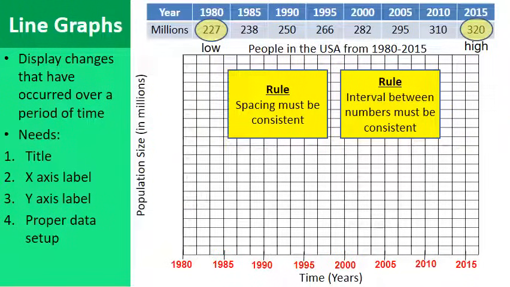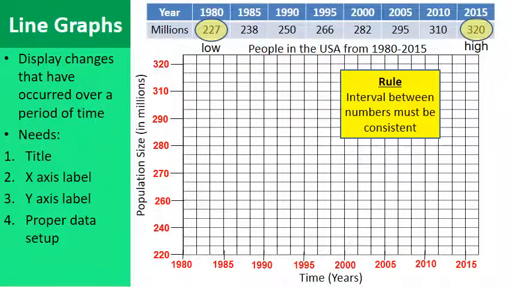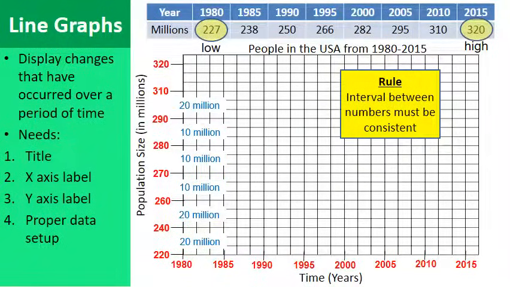So how about this example? Something like this. Well, if you look, I hope you realize we violated the interval rule. Notice how there is a gap of 20 million people in between 220 and 240. And then 20 million here, and then 10 million, 10 million, 10 million, back to 20 million, down to 10 million.